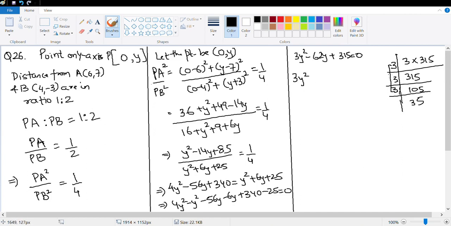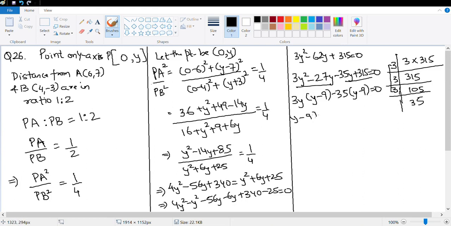I hope you remember how to factorize big numbers using prime factorization. So 3y square minus 27y minus 35y plus 315 is equal to 0. Grouping them together, 3y, y minus 9 minus 35, y minus 9 is equal to 0.